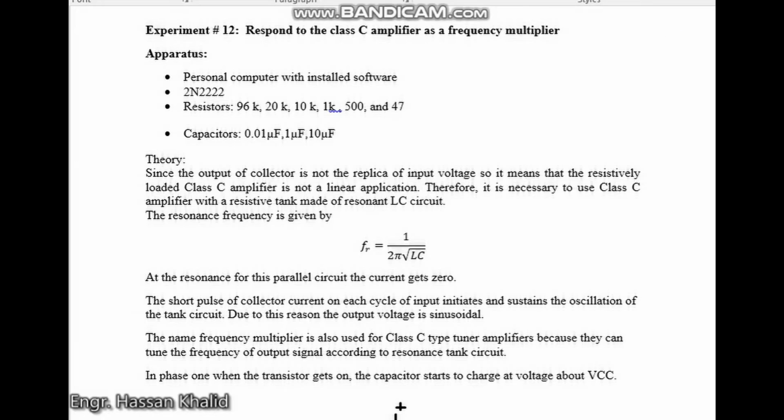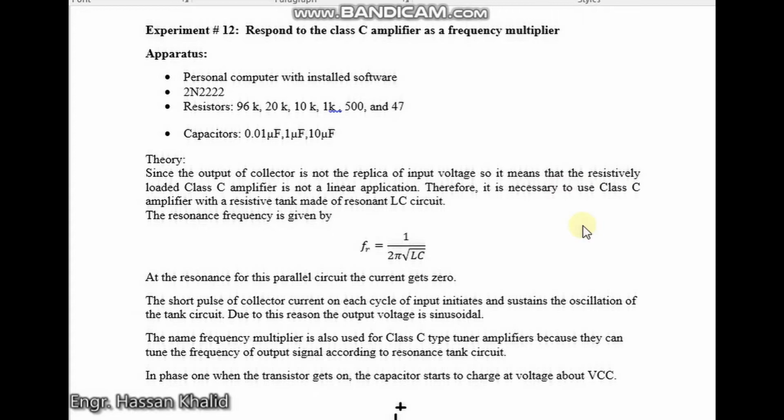Since the class C amplifier is not expected to be a linear application even for the resistive circuit, it is necessary to convert this output into a sinusoid with respect to the input signal.